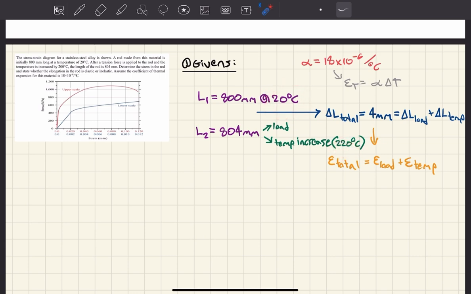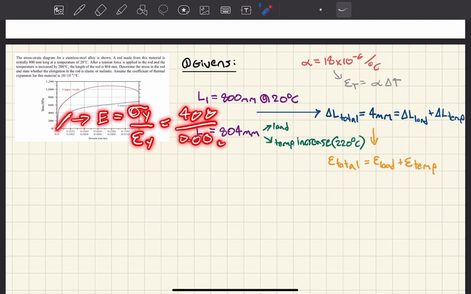What else? We are given the stress strain diagram. I keep wanting to jump ahead, but there is something we can describe on the diagram, and that is how we characterize the elastic region. The elastic region is defined by Young's modulus, which is equal to the yield stress over the yield strain. We can easily find those values: 400 divided by 0.002.